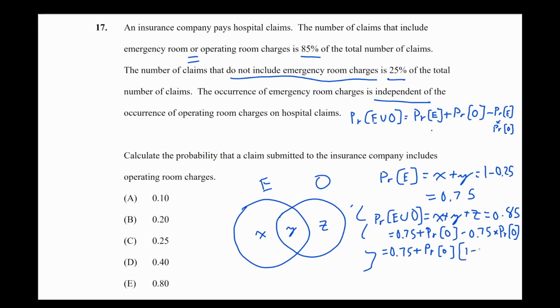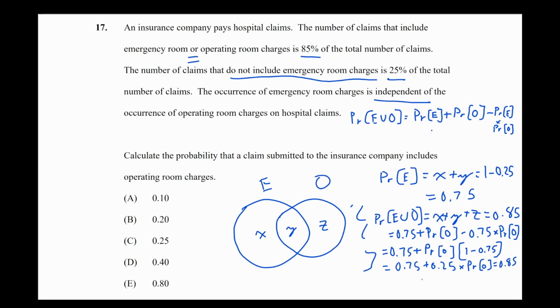So it will be 1 minus 0.75, which will equal 0.75 plus 0.25 times the probability of O. And we know all of this is equal to 0.85.